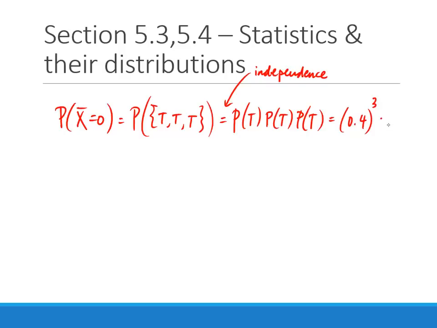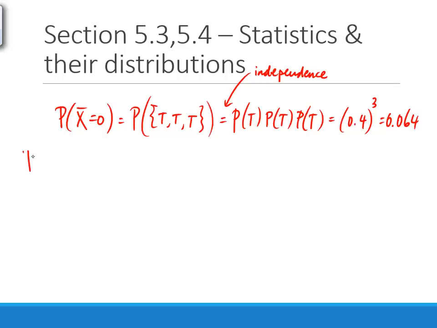And I can raise that to the third power, which is 0.064. Okay, so for my sample mean to be 0, I have to get all 3 tails, which is starting to feel familiar now to what we've done before. But I have independent coin tosses, I can multiply probabilities together and so forth.